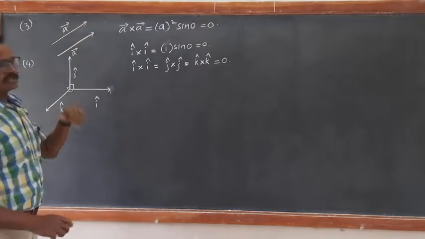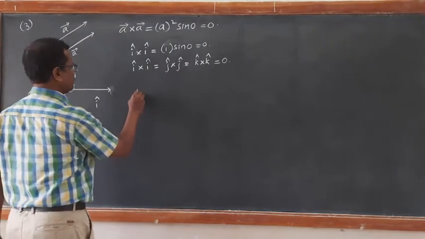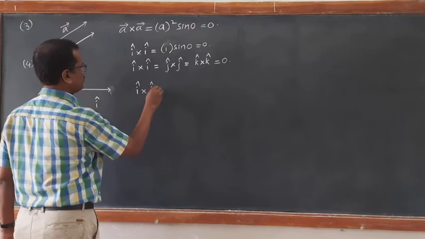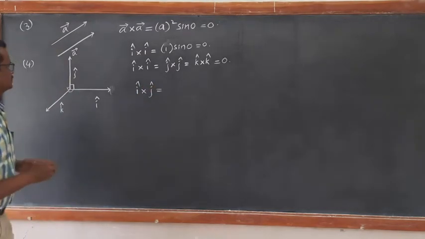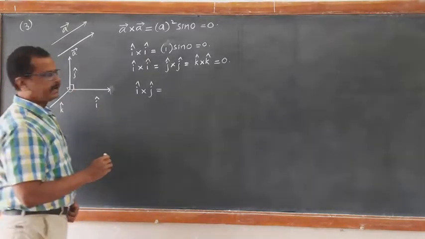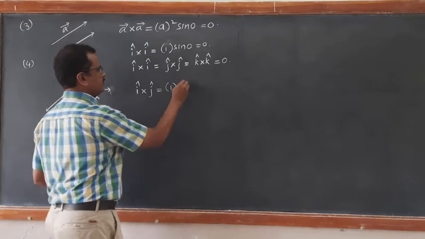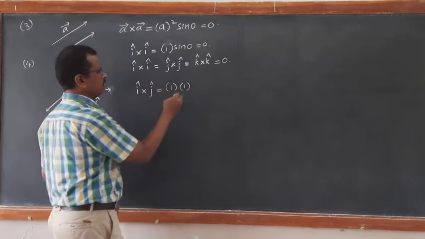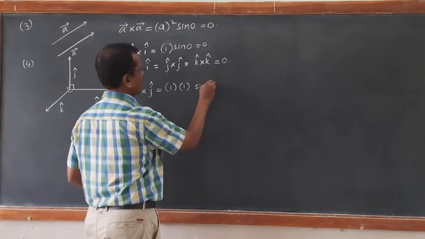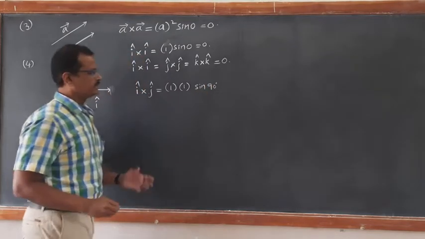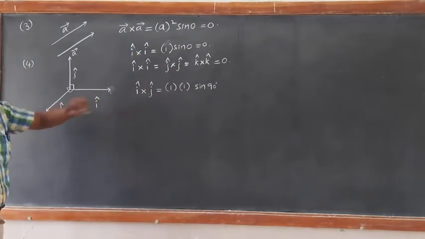Now if it is I cross J, then what happens? The angle between them is 90 degrees. So I can write magnitude of I is 1, magnitude of J is also 1, into sin 90. And what is the unit vector perpendicular to I and J?